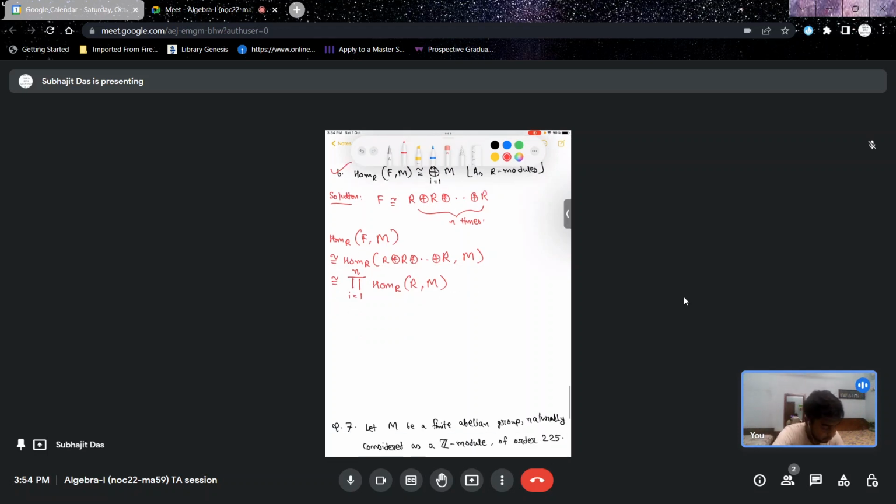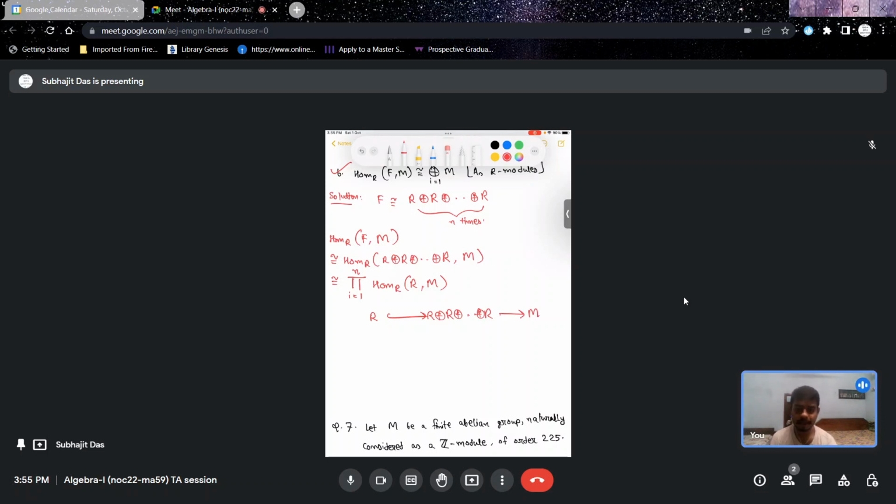Precisely what you do is take this map from R ⊕ ... ⊕ R to M, and say R is included in the first component, so that 1 goes to (1, 0, 0, 0, ...). You compose these two maps to get a map from R to M. Again you include R in the second summand of the direct sum, so that x goes to (0, x, 0, 0, ...). You compose these two maps, and again you get a map from R to M, and so on.